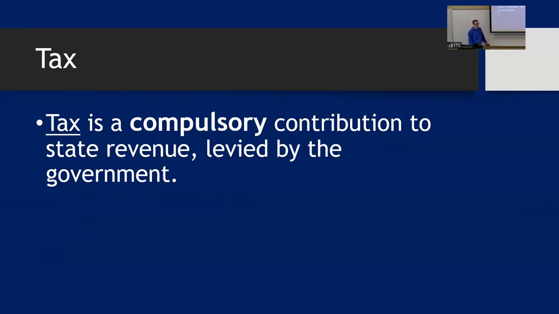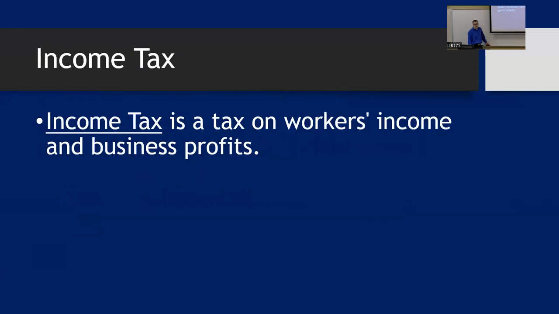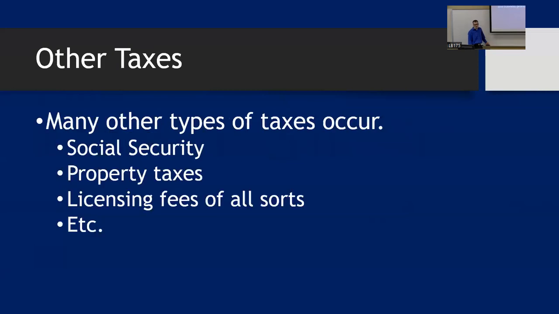So all of those licensing fees, like fishing license, or if you get a license to drive, all of those types of fees associated with that are taxes in some ways. Okay. Again, there's lots and lots of other ones that you can lump into that category of taxes. And they all work differently.